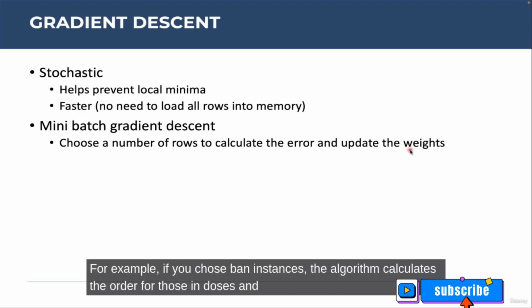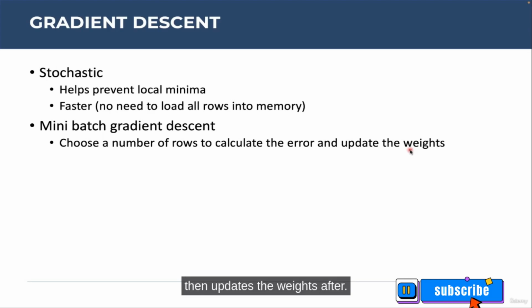For example, if you choose 10 instances, the algorithm calculates the error for those 10 instances and then updates the weights. After that, 10 more instances are sent to the neural network. It will calculate the error and update the weights. It will be done 10 by 10.